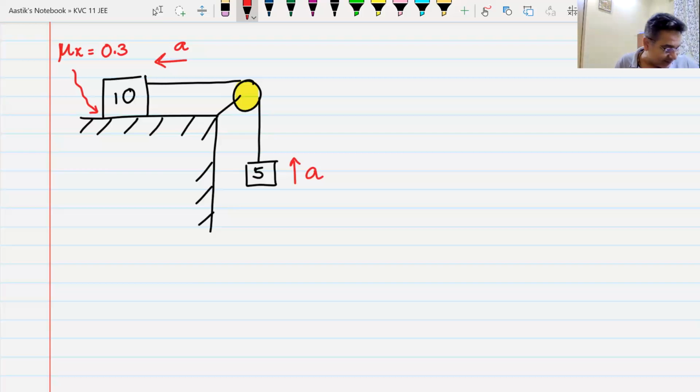We keep on finding out the acceleration. It is such a difficult question that I still did not get any answer.